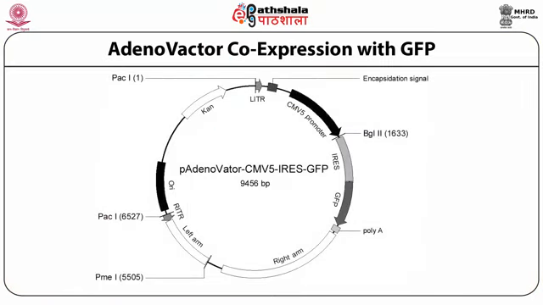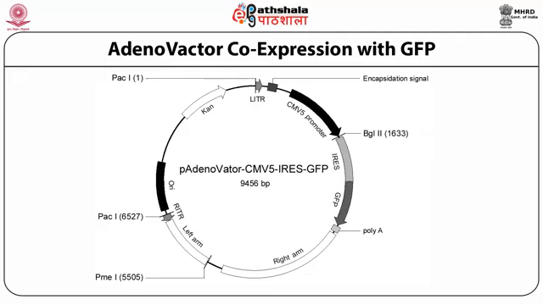Using this adenovector, we can co-express the GFP protein, meaning green fluorescent protein can be expressed, which is a very good indicator to check the expression of the proteins, whether the cloning or proper insertion has taken place or not.